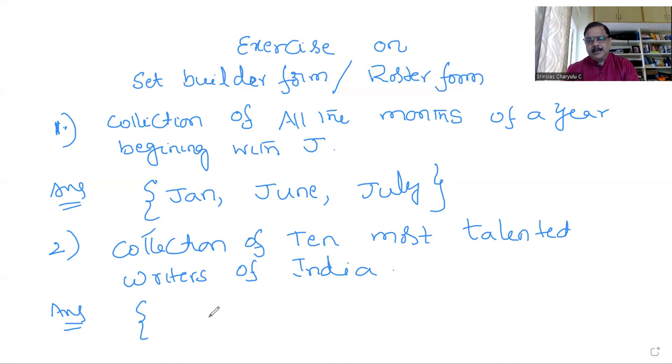First of all, each state will have their own set of writers. They will be specifically writing on a particular subject. So in this case, you cannot take only 10 people on a particular topic or anything like that. So I feel we cannot form a set at all, because talent testing of a writer is not that easy. Each person will have his own unique talent.